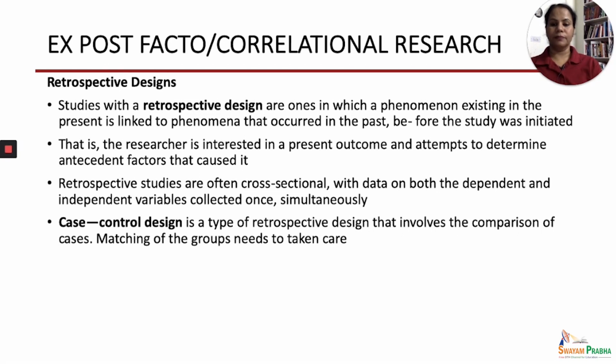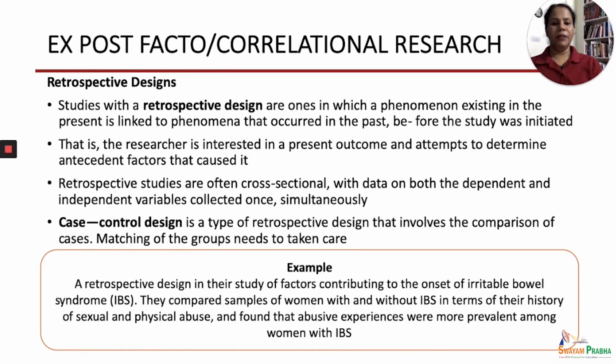then only we will be able to compare these two groups. So an example is, for example, a retrospective design in the study of factors contributing to the onset of irritable bowel syndrome. So we may start with the phenomena of irritable bowel syndrome, and then we do a retrospective study to find out the factors which might have caused the onset of irritable bowel syndrome.